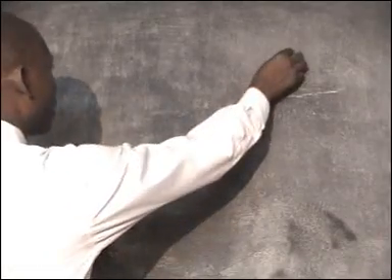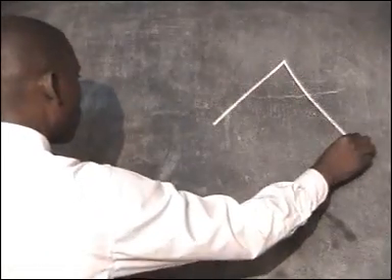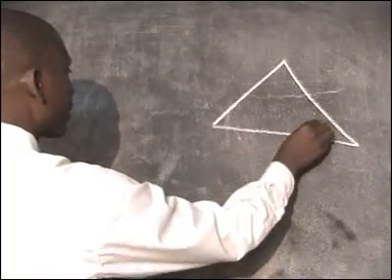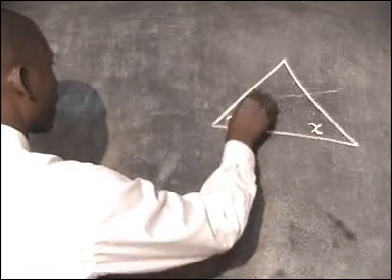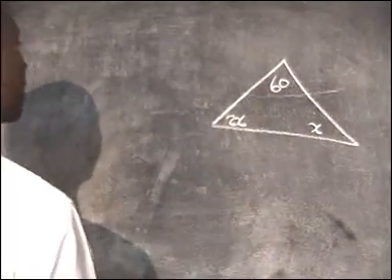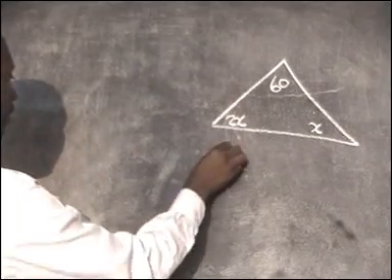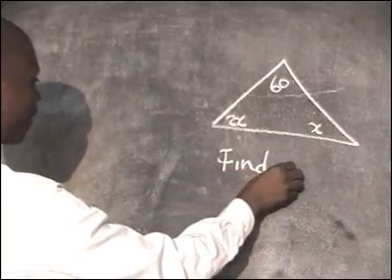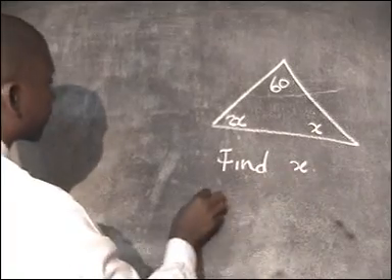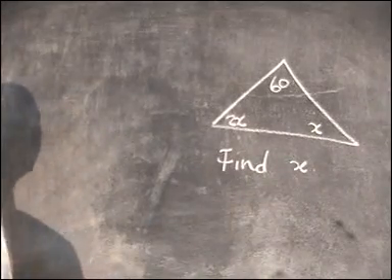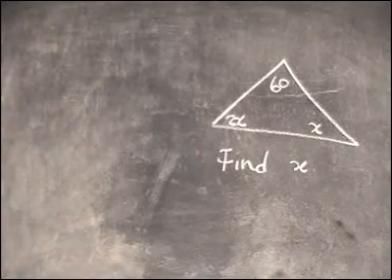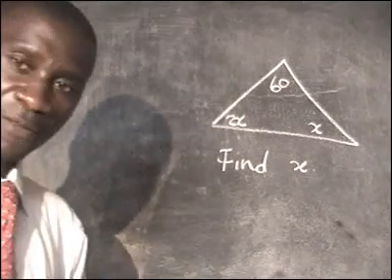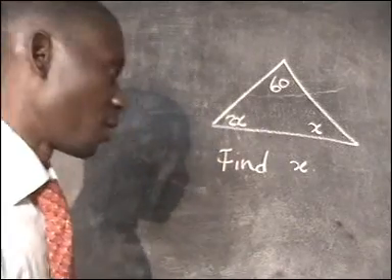Like for example, where we have a triangle like this one, of which one angle is x, the other one is 2x, and this one is 60. You can be told to find the value of x, and sometimes you can be told to find the size of each angle.